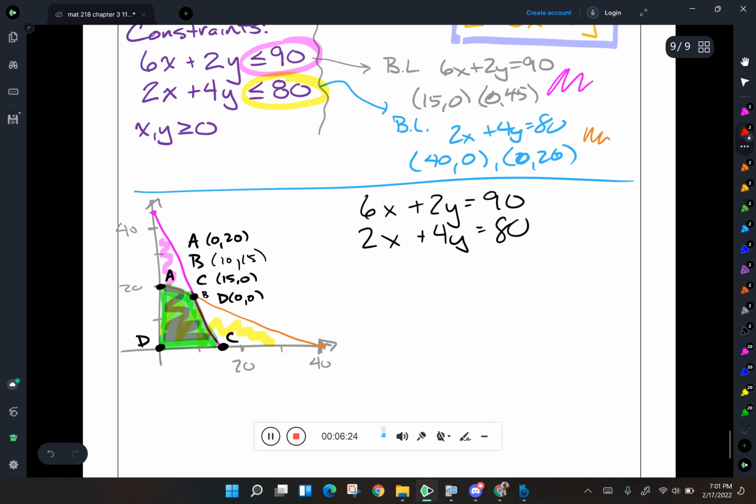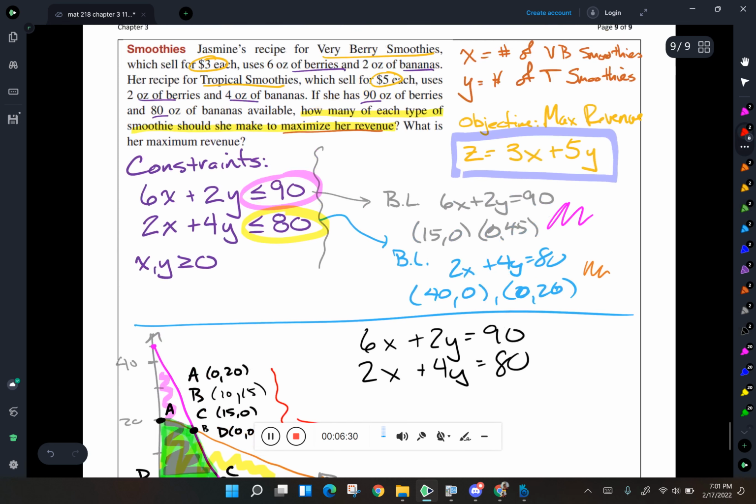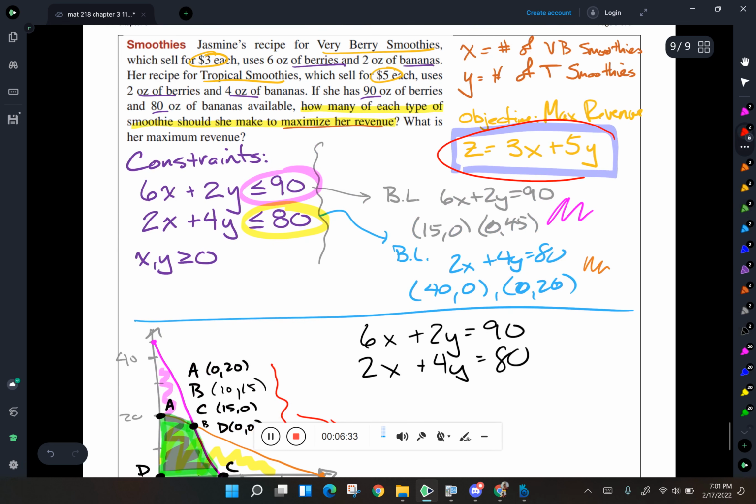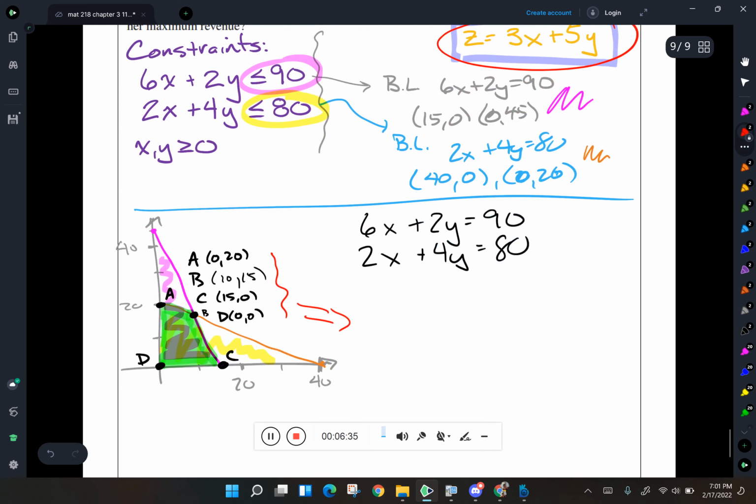Now that I know the corners of my feasible region, I'll plug them all into my objective function, 3x plus 5y, and see what happens. At corner A, z is equal to 3 times x plus 5 times y, which is 100. This is revenue measured in dollars, so $100.